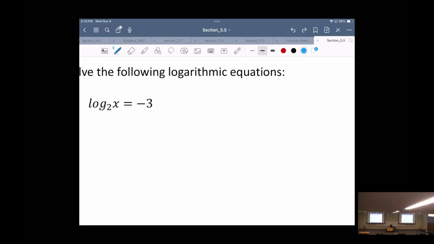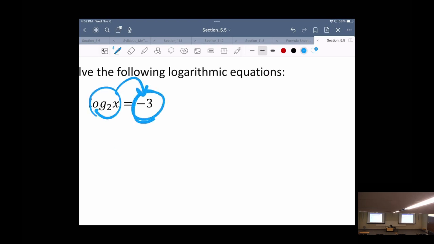Remember that when it's useful, not all the time, you can write logarithmic expressions into exponential forms, or you can write exponential forms in logarithmic forms when it suits your purpose. In this case, it does. You can see the base is 2. We know that log expressions generate an exponent.